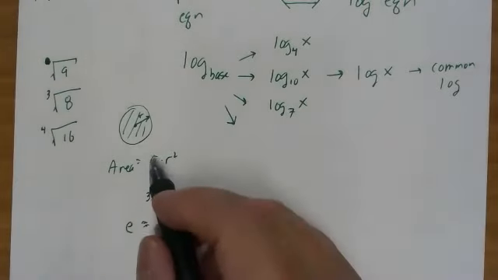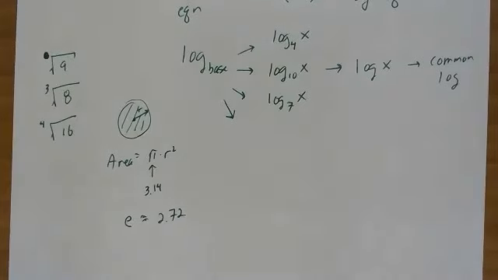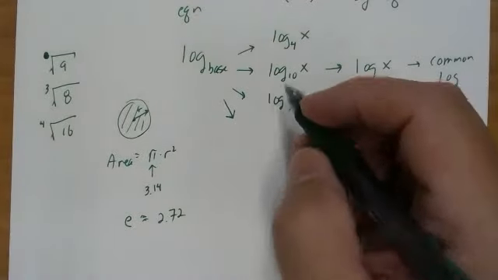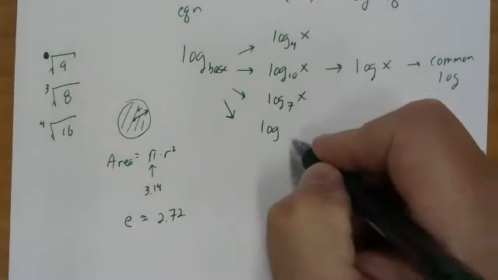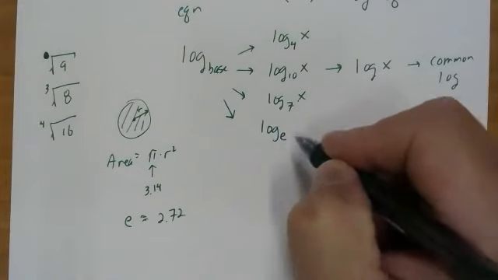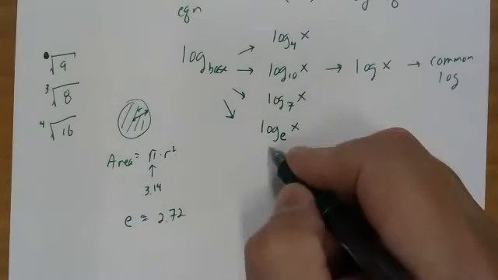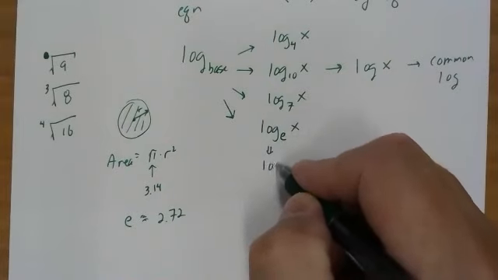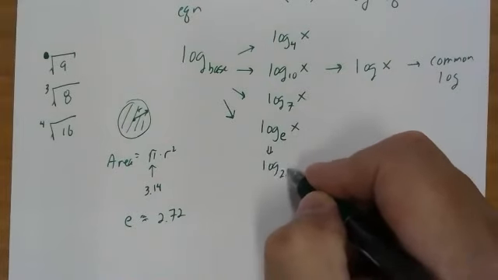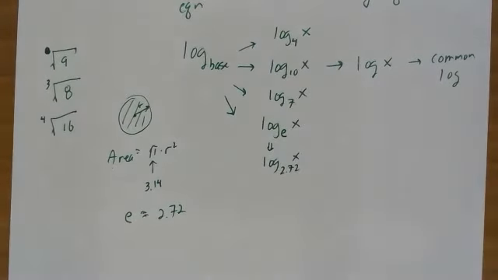So just like pi is 3.14, when you see the letter E, it really represents a number. Oftentimes you will want to take the log, except you want to take the log base E. It's almost like the log of base 2.72. Once again, in your mind, you've got to remind yourself E is actually just a number. Special number, but it is a number.